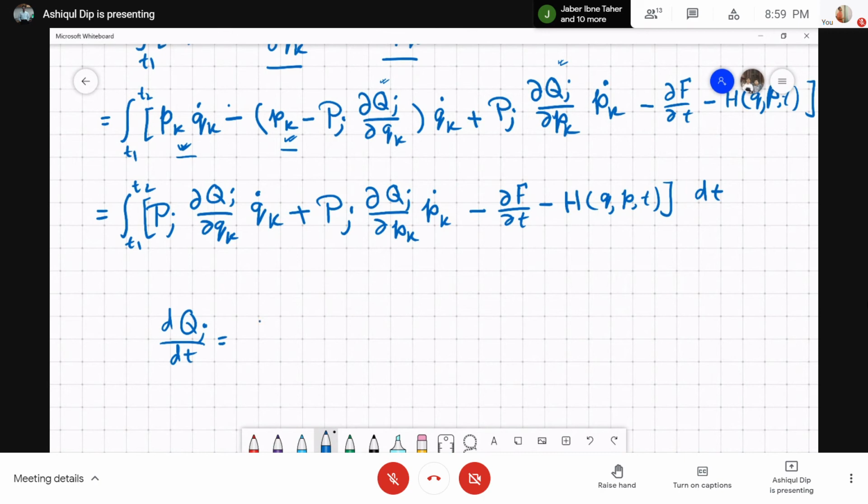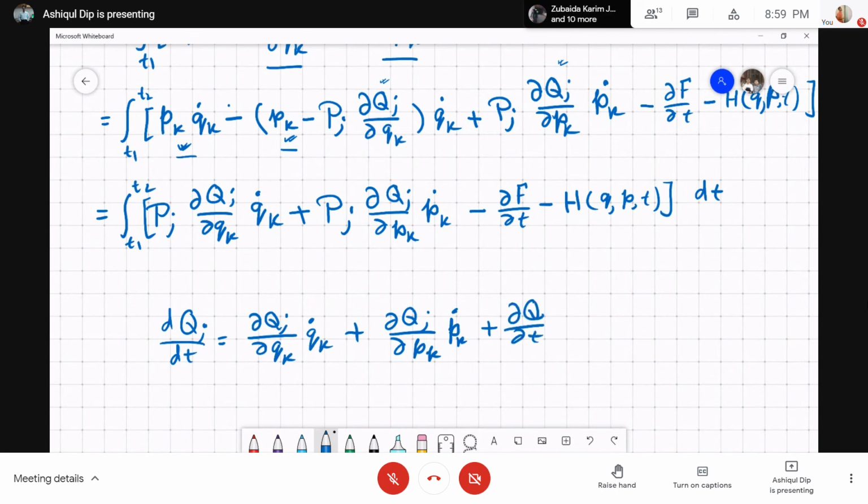Del Q_j by del small q_k, q_k dot, plus del Q_j by del p_k, p_k dot, then plus the partial derivative of Q with respect to time.